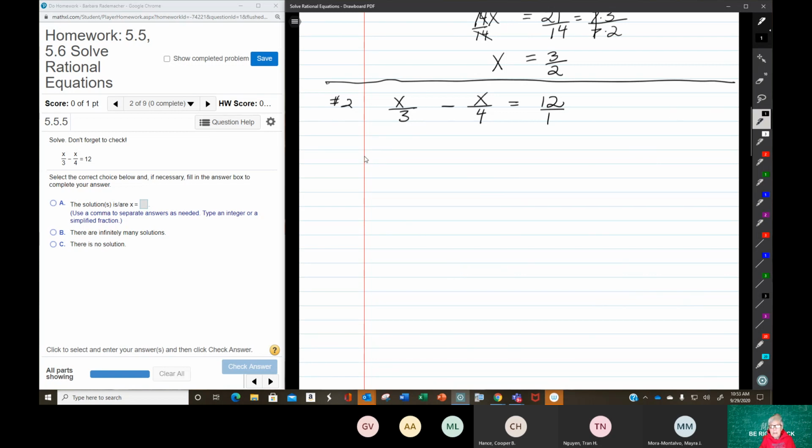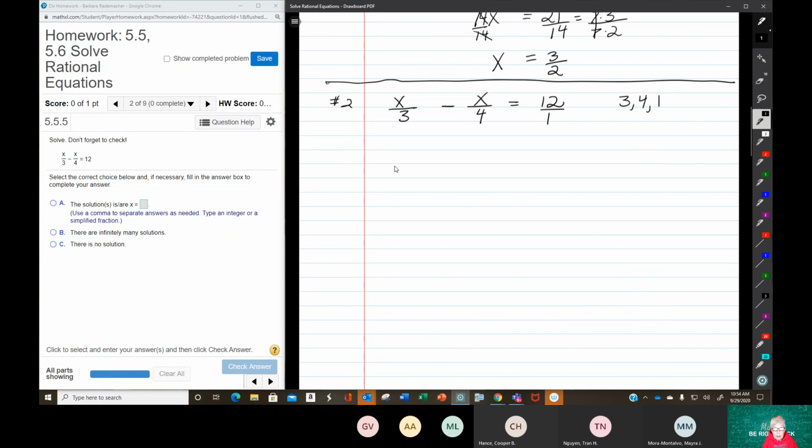Now, I'm going to write my denominators, 3 and 4 and 1, and I notice immediately, with great heartbreak, they have nothing in common. 3 is not a factor of 4, 4 is not a factor of 3, but of course 1 is a factor of every number. So I have no choice here.